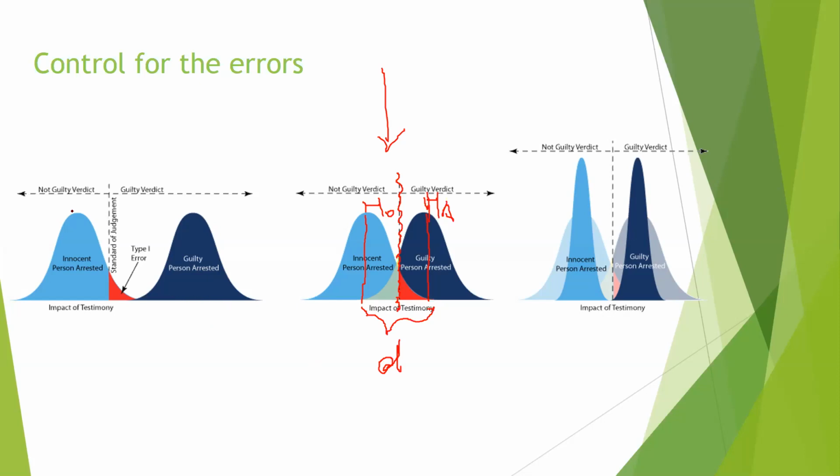For example, look at here. If you have a better design, in this design the distance between the null hypothesis and the alternative hypothesis has been increased. So the two distributions will be moved away from each other, right? And then this will reduce both the type 1 error and the type 2 error.